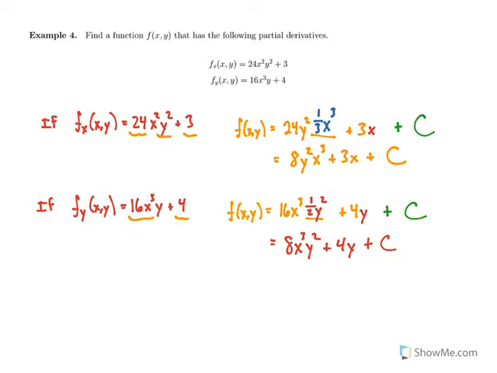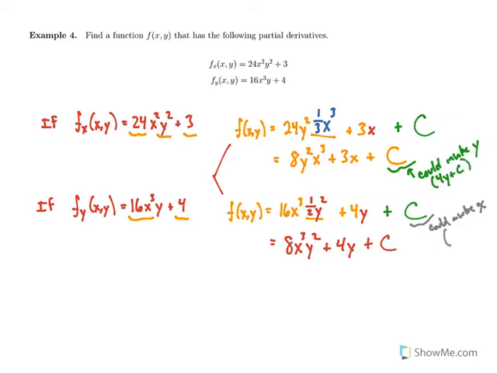Now note that these two functions have to be the same. It's the same function that we're finding. So it all kind of comes down to this constant. And this constant could involve y. And this constant could involve x. And we actually know that in order for this to work, this function has to be 4y plus maybe some other constant.